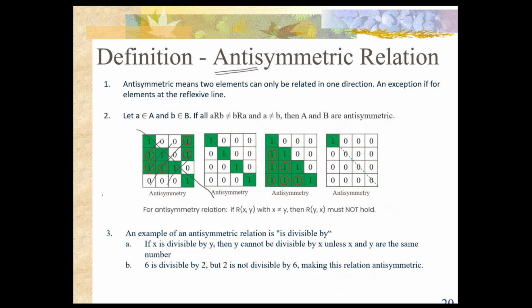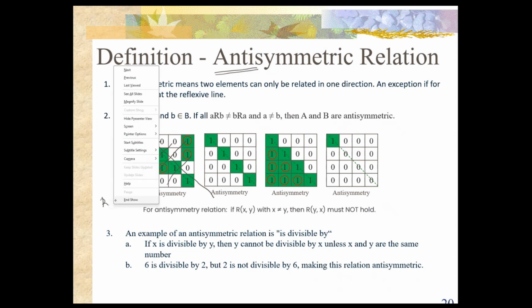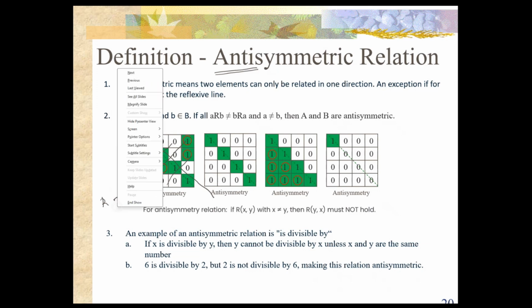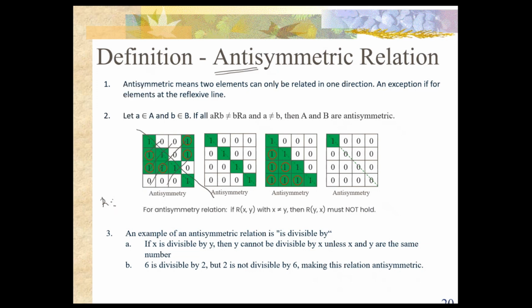For example, if Romeo loves Juliet, but Juliet does not love Romeo, this is anti-symmetry.